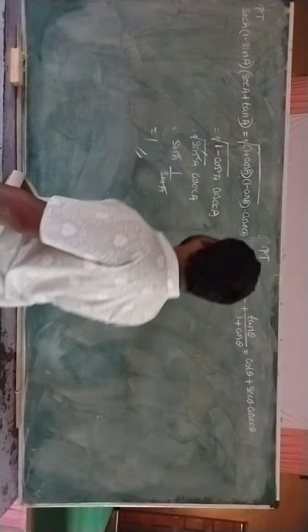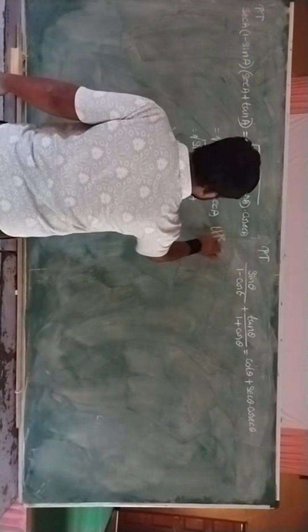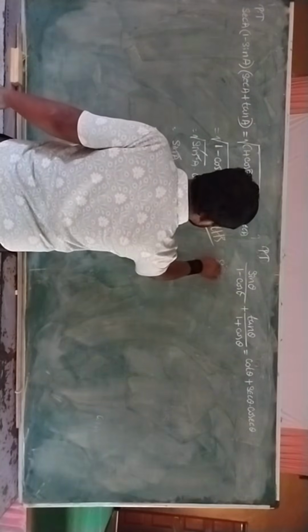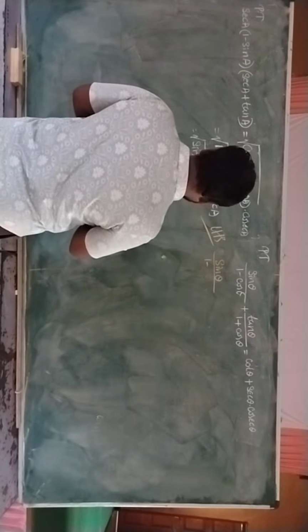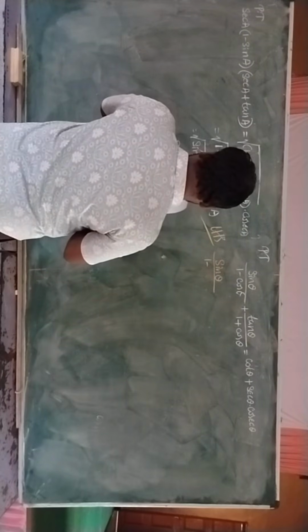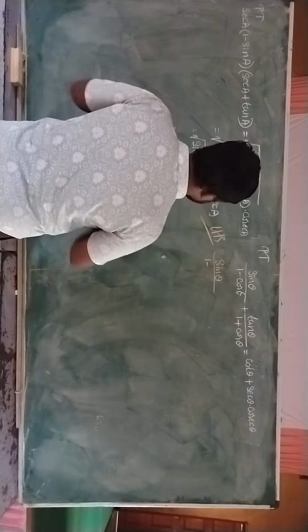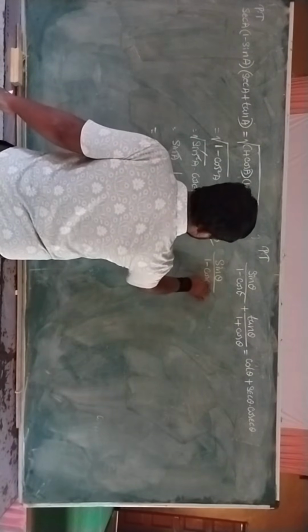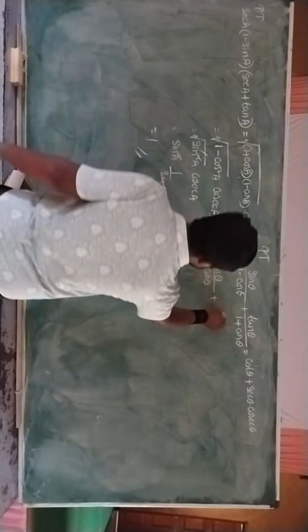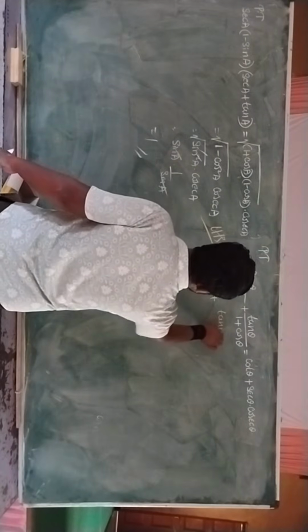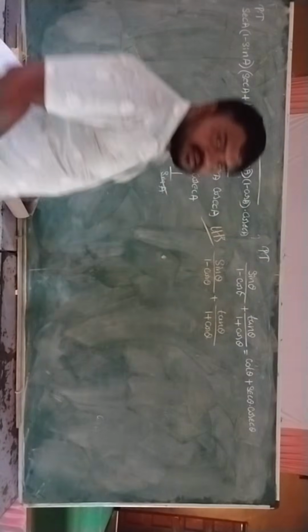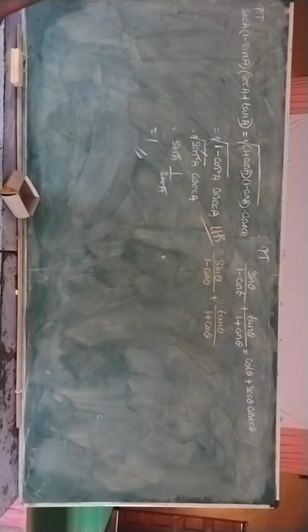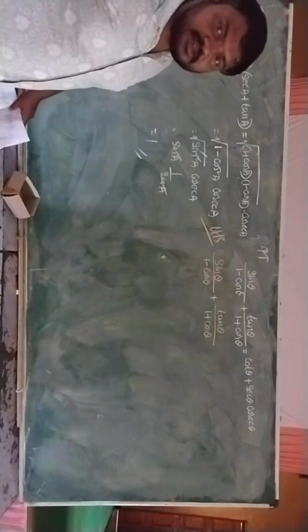LHS, we can take the LHS side. LHS is sin theta divided by 1 minus cos theta plus tan theta divided by 1 plus cos theta. Yes, anybody get the answer? No one. You hopeless.